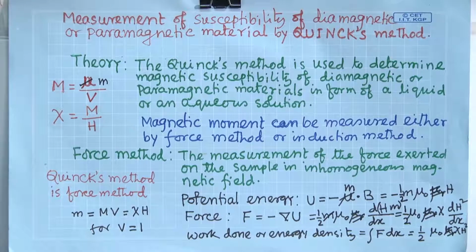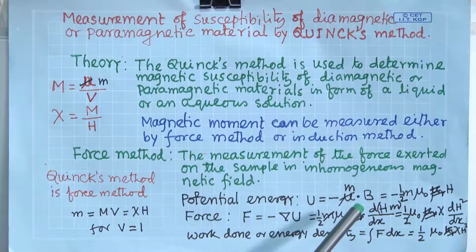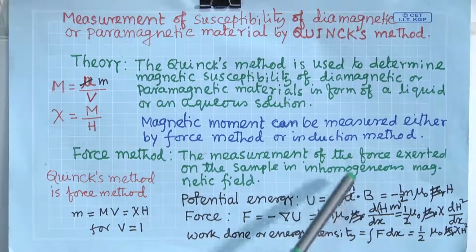As I told you, in the material you have dipoles, either induced dipoles or atomic dipoles due to spin and orbit. These dipole moments are randomly oriented in the material, so in m dot B we have to take the average of cos theta.